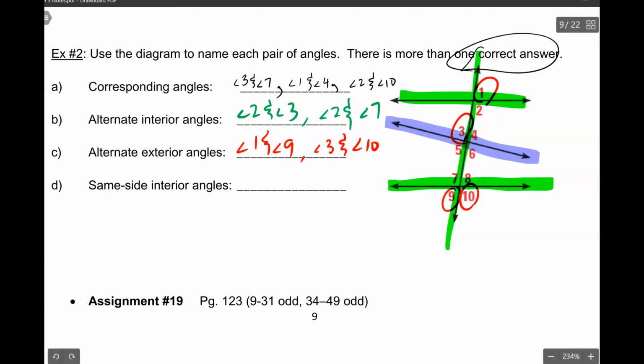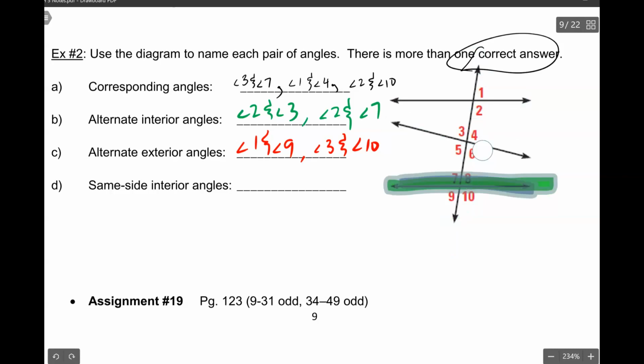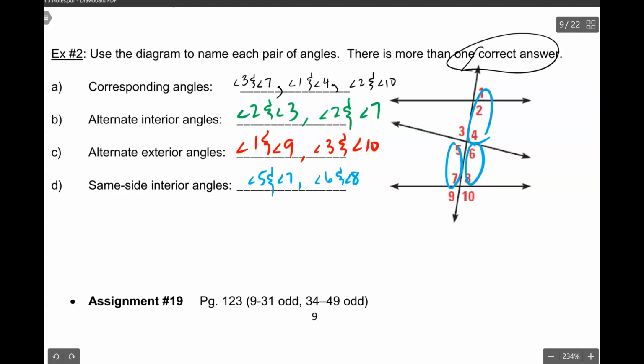Then for the second example, I was using these two lines and this transversal to decide which ones were exterior. Same side interior. I could say angle 5 and 7. I could say angle 6 and 8. So 5 and 7, 6 and 8, 2 and 4. All right, and then that is it for this screencast.